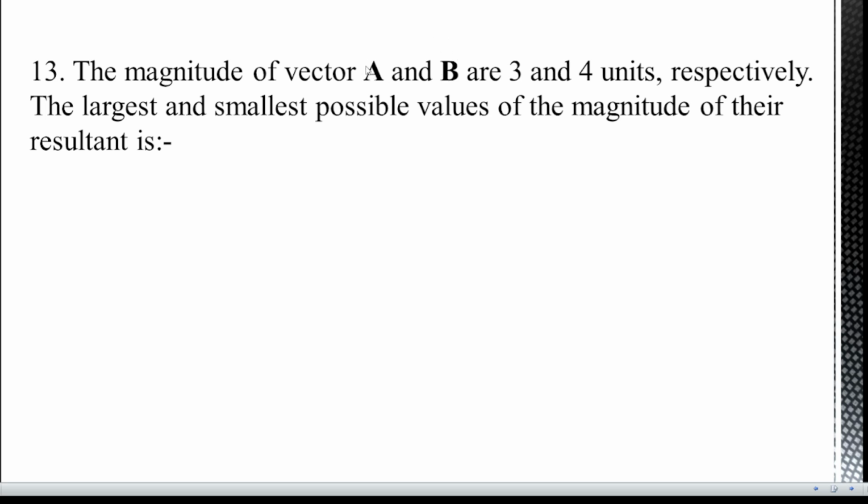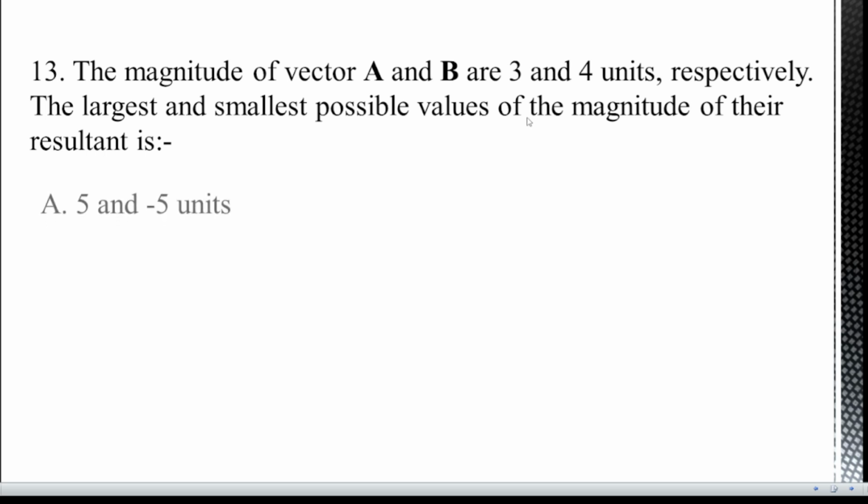That means the angle between them should be 0. If so, we will have the maximum value. To be the smallest value, the vectors should be antiparallel, and the angle between them should be 180 degrees.